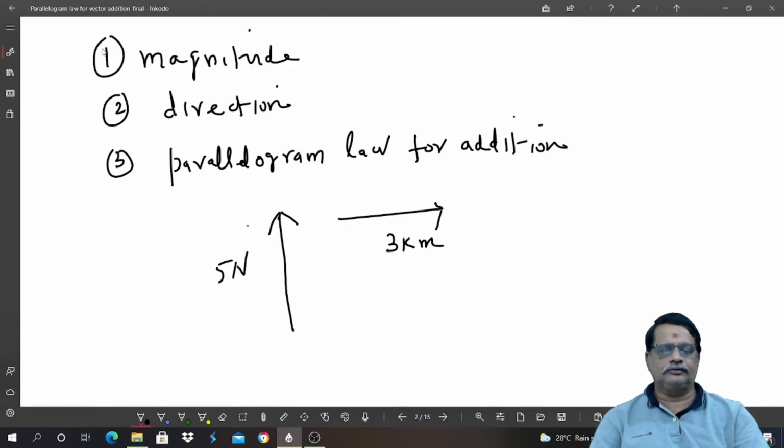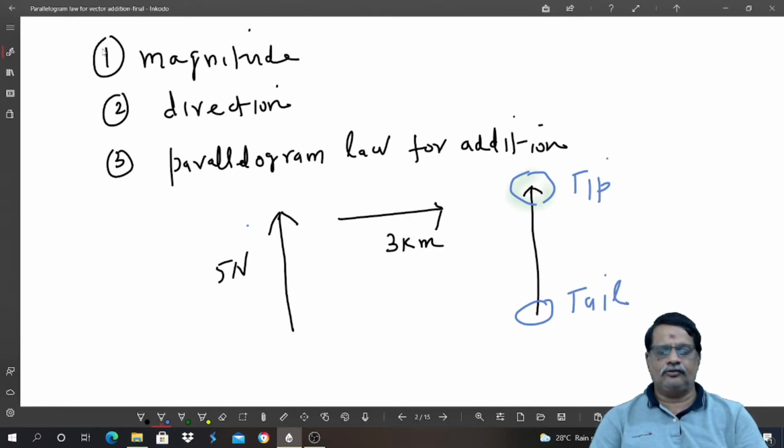Now another point is, when you represent a vector like this, with a line segment and an arrowhead, this end of the vector is called the tip of the vector, and this is of course the tail of the vector.